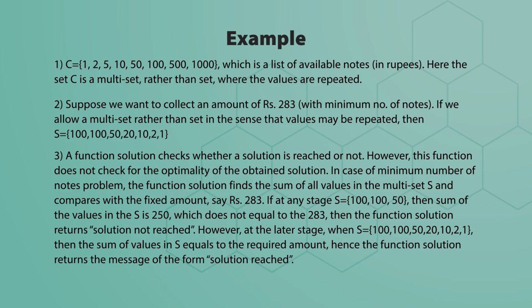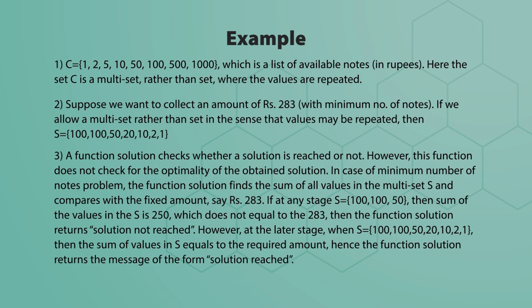So, start with the maximum possible note. Take the input x. I am taking 1000 rupees note. Can that note be considered? No, because it violates the condition: your goal is 283 rupees and 283 is less than 1000.